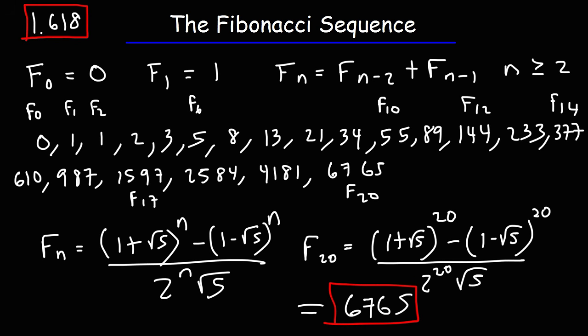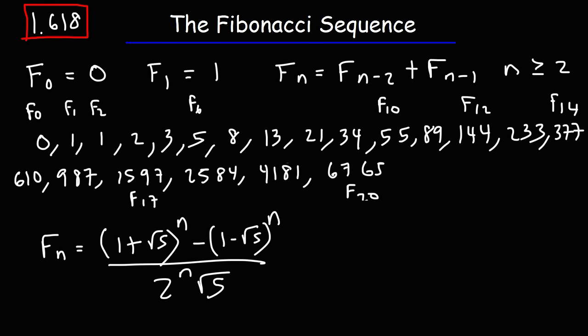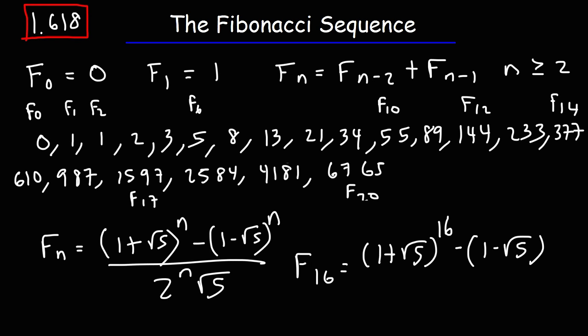So we could try another one. Let's say if we want to calculate f sub 16, it's going to be 1 plus the square root of 5 raised to the 16 minus 1 minus the square root of 5 raised to the 16 divided by 2 raised to the 16 times the square root of 5. And you may want to put that in parentheses.